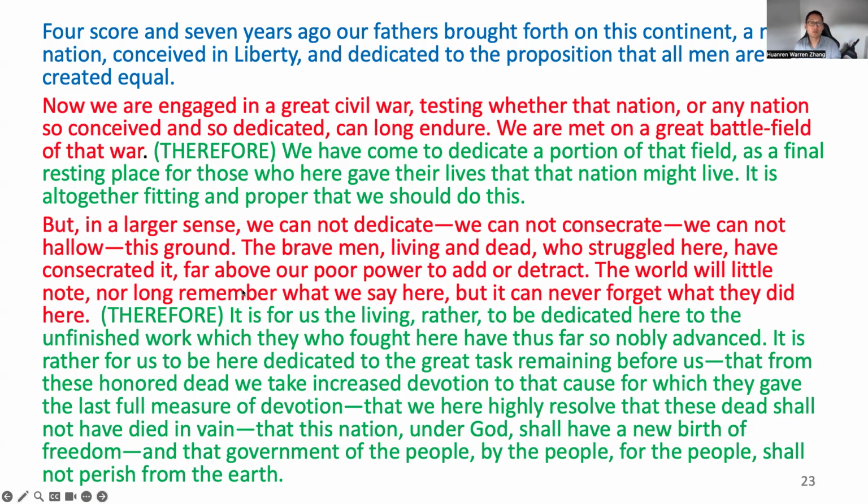The world will little note nor long remember what we say here, but it will never forget what they did here, right? So here is the problem again. So then a call for action. It is for us the living to do this, to do that, so that government of the people, by the people, and for the people shall not perish from the earth, right? So this is a great illustration of the ABT structure.